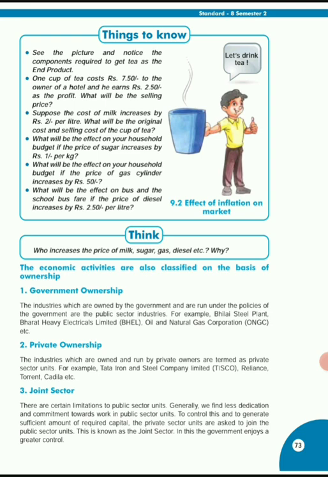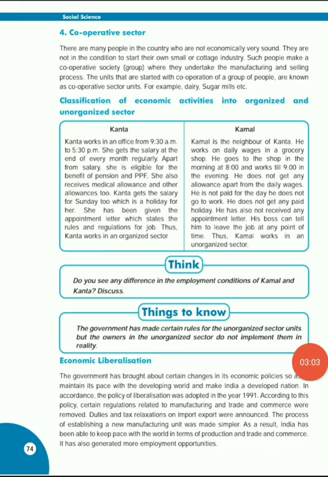Let's see the examples here. IDBI Bank, Hindustan Petroleum Corporation Limited, that is called HPCL. Next point, that is cooperative sector. Many people are talented but do not have enough capital to start any industry.